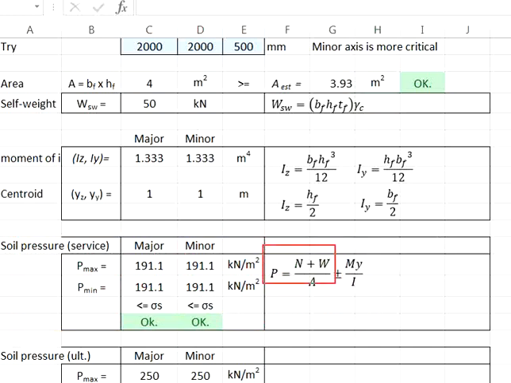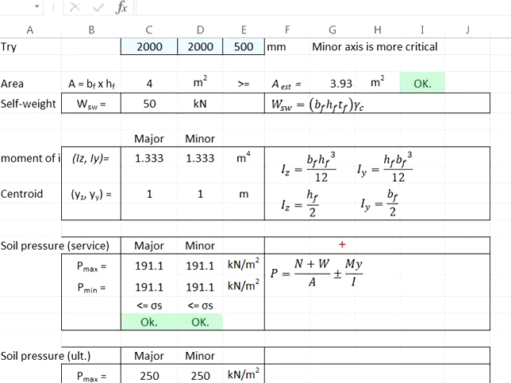The equation used will be this. The bearing pressure is equal to the axial load plus the self-weight of the pad footing divided by the area, assuming the stress is equally distributed throughout the entire contact surface area.